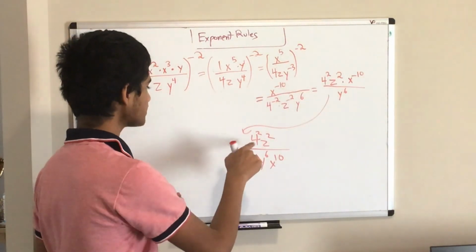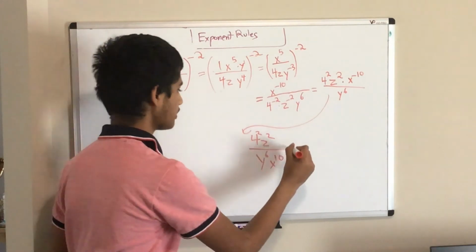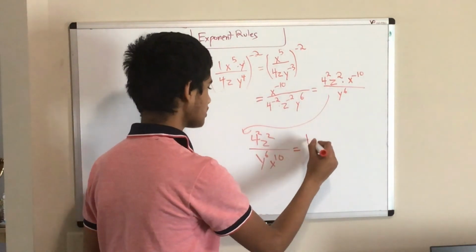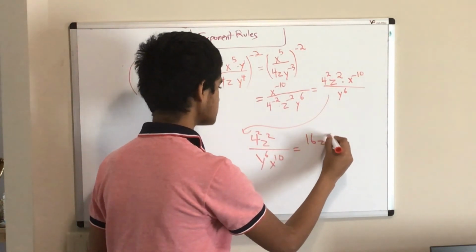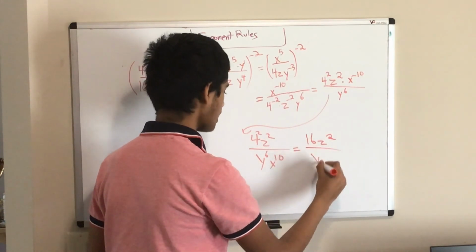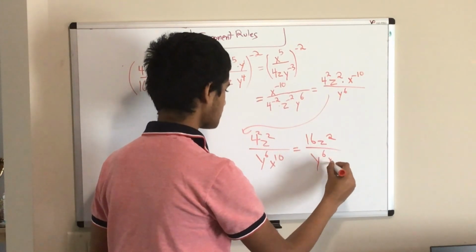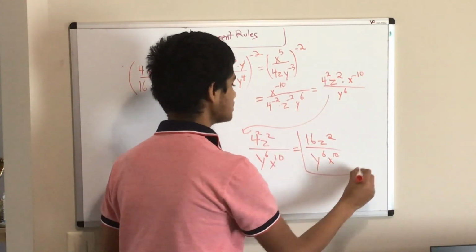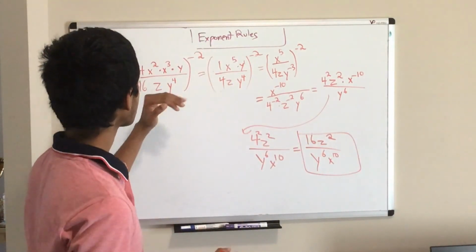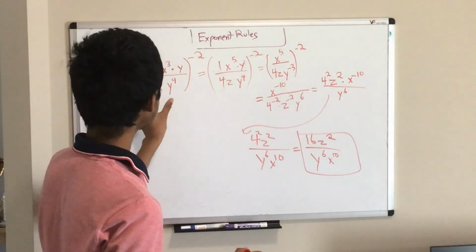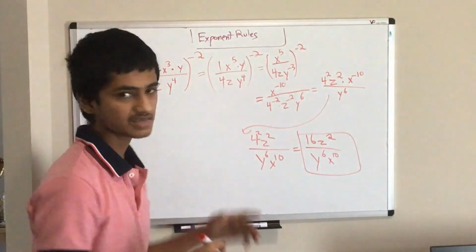Now the only thing left to simplify is the 4 squared, and 4 squared is 16. So this gives us 16 z squared divided by y to the power of 6 x to the power of 10. And that is the answer to this expression, and that's how we simplified it.